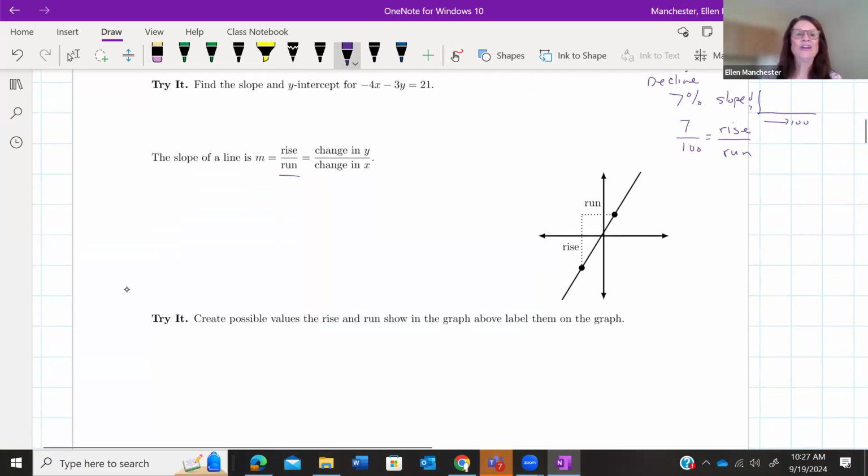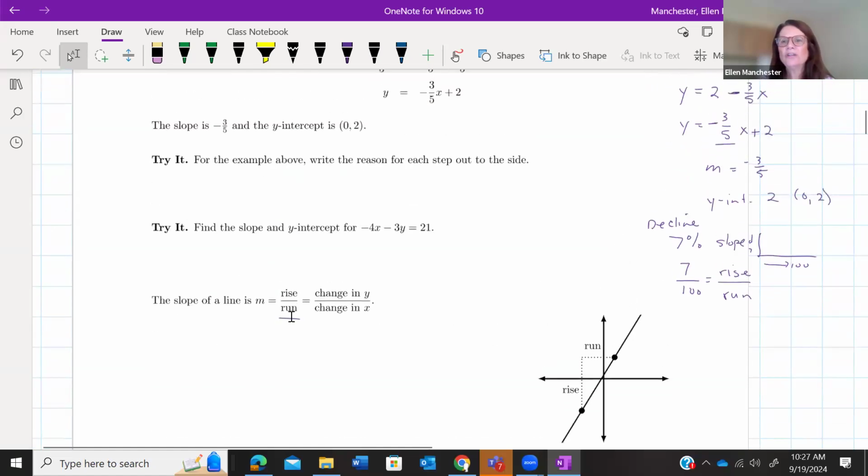Good for them. Okay, so slope is rise over run. When you look at the slope of this equation that we solved for, here's what this means. The easiest way to do slope is you rise 3, always rise, and you run 5 to the negative side.